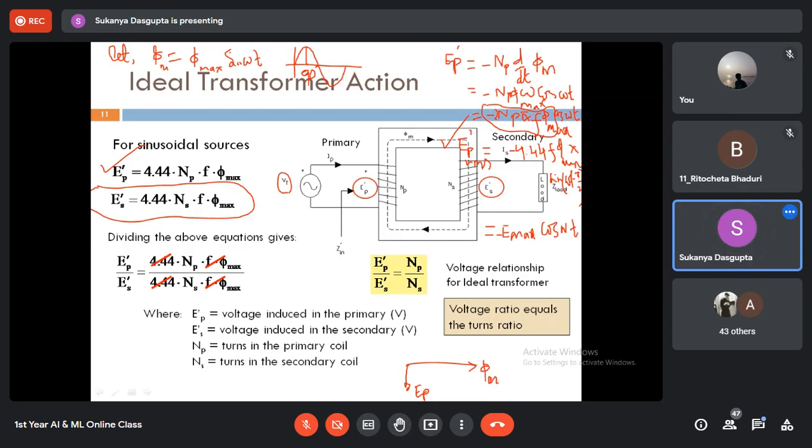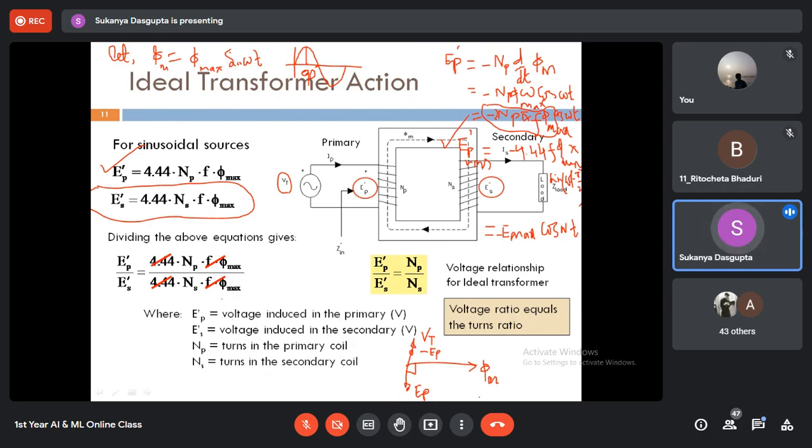So VT will always be, where is my cursor? VT will always be out of phase with EP, because if EP is 90 degrees lagging the flux phi m, then minus of EP should be 90 degrees leading the flux vector phi m, right?